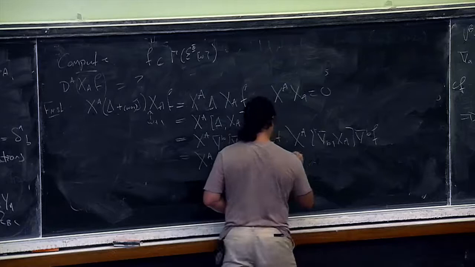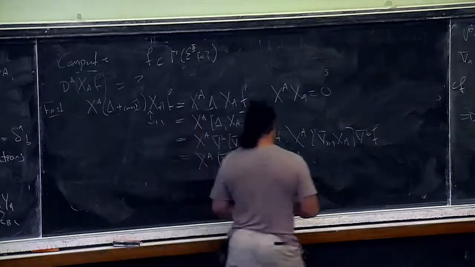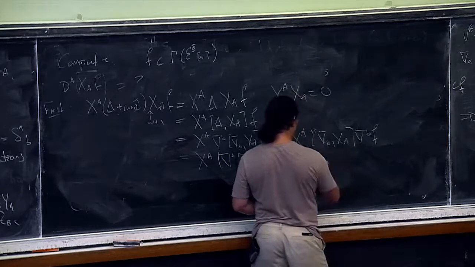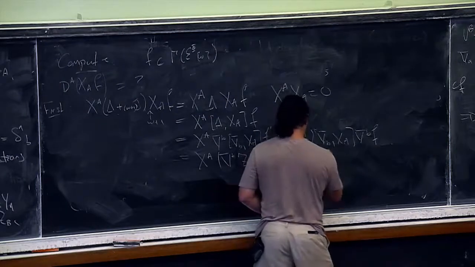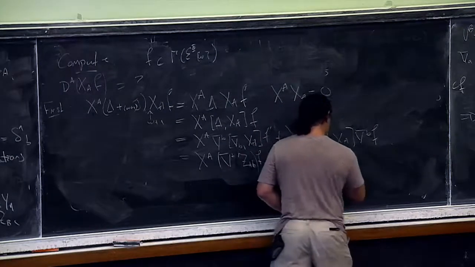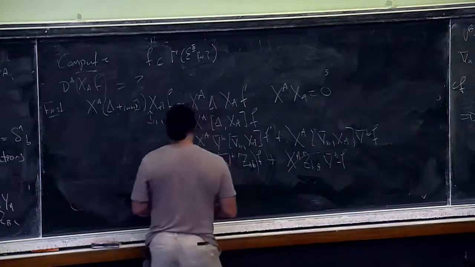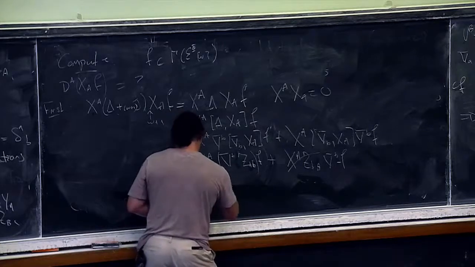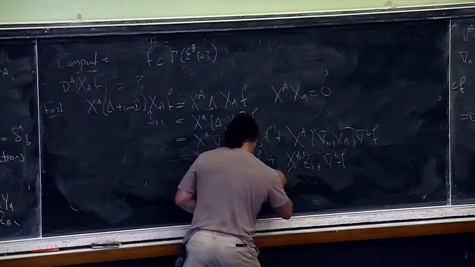Plus, I get another one of these Z's here, but it's killed by that. So this is the surviving term, and using my formulae over here, this is X_A minus J X_A minus N Y_A.